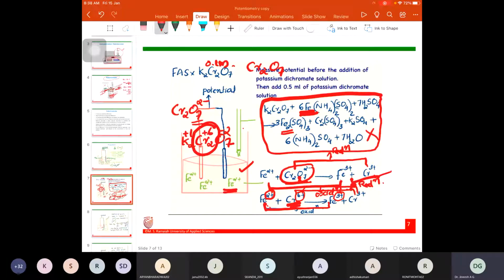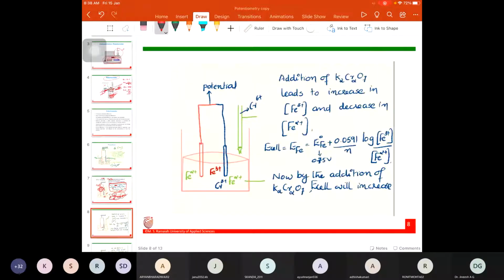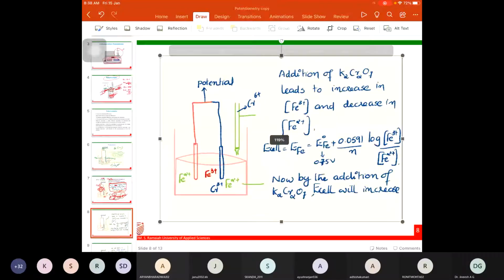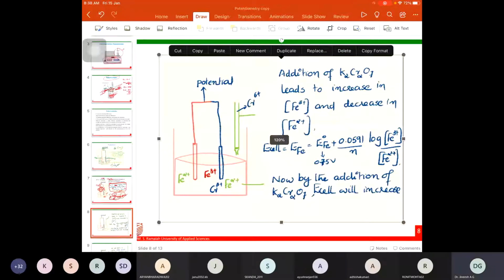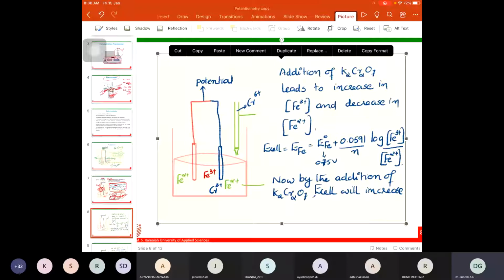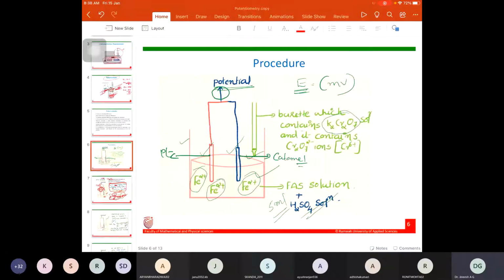Okay. Next slide. A little bit difficult, I will try to make it more easy. First step: to this ferrous ammonium sulfate solution, before adding potassium dichromate solution, we measured the potential value and noted it down.